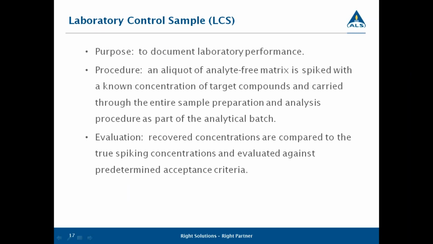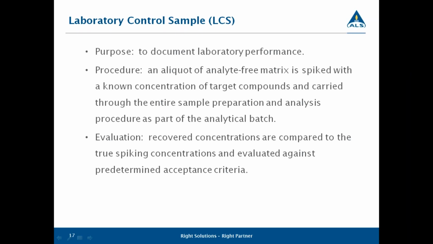All right, let's jump into LCSs, or laboratory control samples. Fairly straightforward concept here. The purpose is basically to document our performance. We take an aliquot of analyte-free matrix, deionized water, for example, and then we spike it with a known concentration of the target compounds. Now, this is not the same standard that we use for the calibration curve.